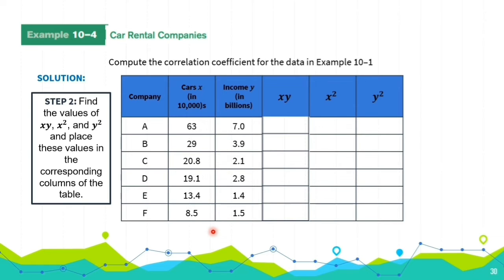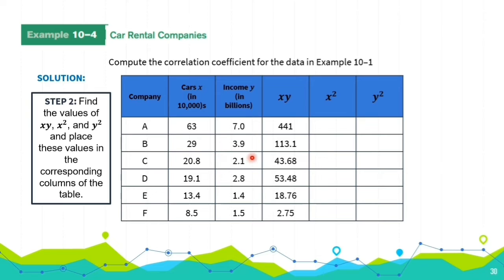So first, we need to find the xy. It is the product of x and y, or cars x times the income y. So for company A, we have 63 times 7.0 is equal to 441. 29 times 3.9 is equal to 113.1.